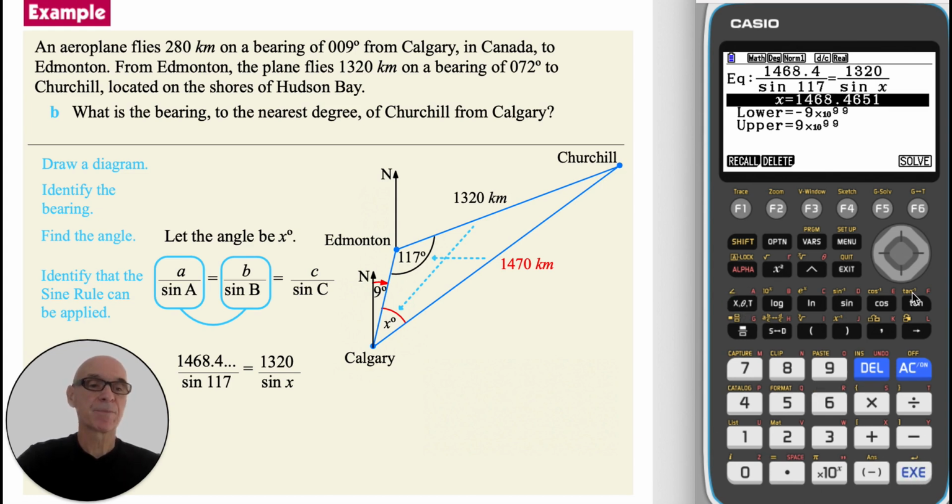Press execute and press F6 to solve the equation.